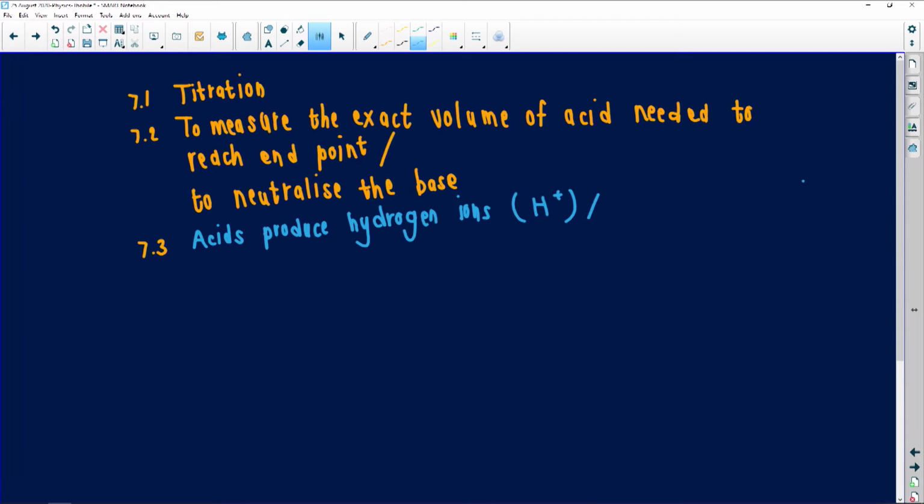Or we can say, remember, to say something is an acid in solution, we will have a high concentration of H3O plus, which is hydronium ions. This is in solution. So let's look at 7.4.